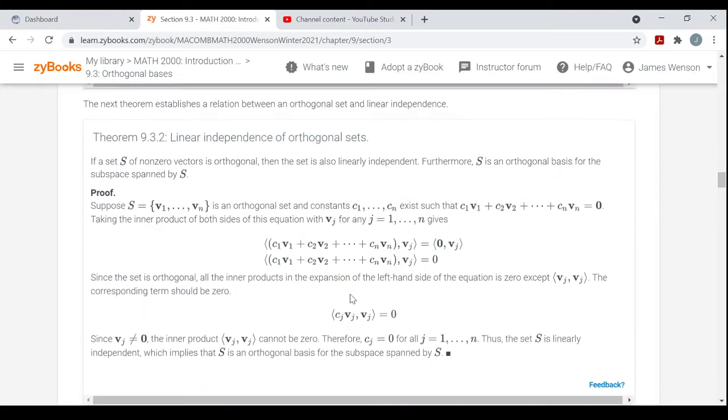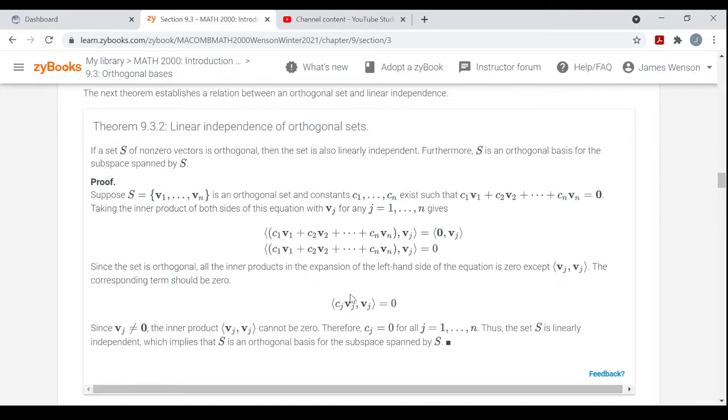Now here's an amazing thing. If we know a set of vectors is orthogonal, non-zero vectors, then that set of vectors will also be linearly independent. So if a set S of non-zero vectors is orthogonal, then the set is also linearly independent.